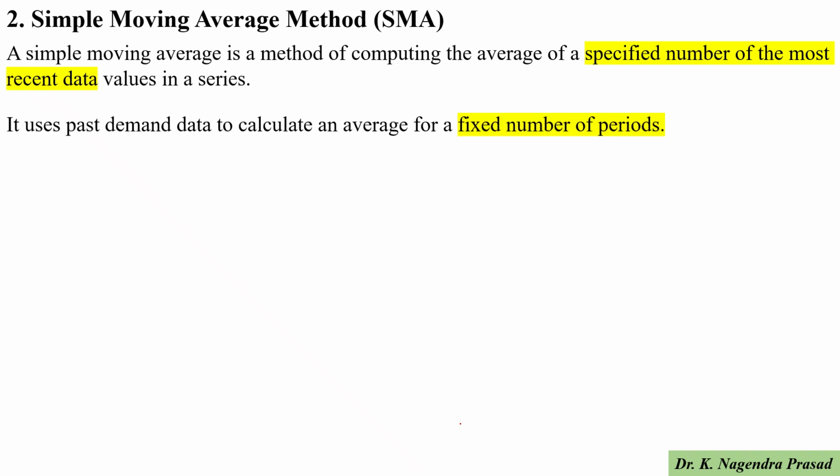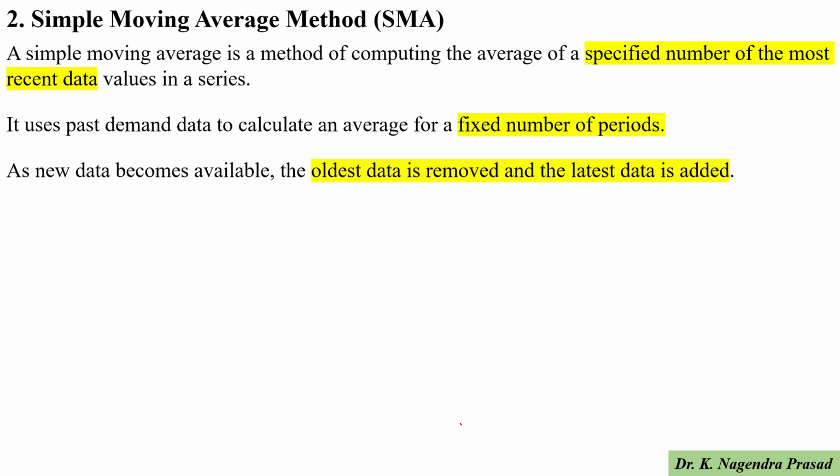It uses the past demand data to calculate an average for a fixed number of periods. As new data becomes available, the oldest data is removed and the latest data is added.